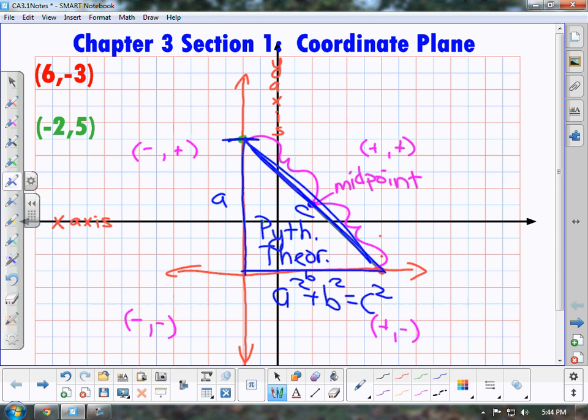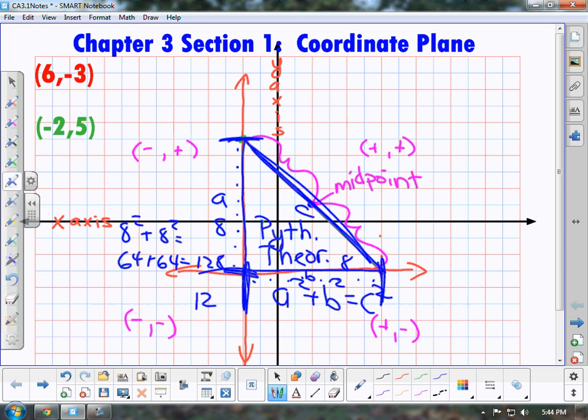So you have to find the distance from here to there, and the distance from there to there by counting. 1, 2, 3, 4, 5, 6, 7, 8, and 1, 2, 3, 4, 5, 6, 7, 8. And so 8 squared plus 8 squared equals 64 plus 64, which is 128.